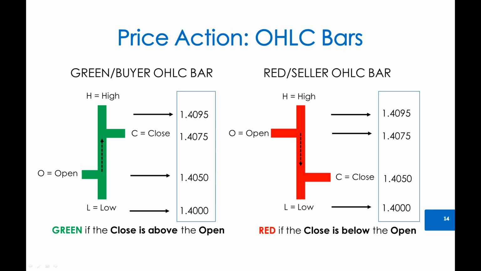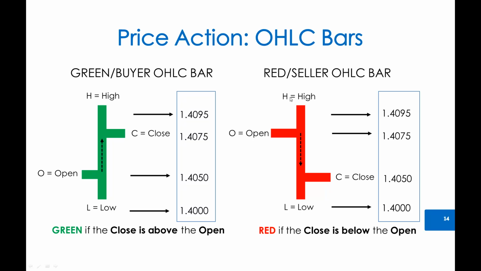It pushed to a high of 1.4095, down to a low of 1.4000, and closed finally at 1.4075. The fact that the bar is green means that the bar closed higher, in a positive way, than where it opened.